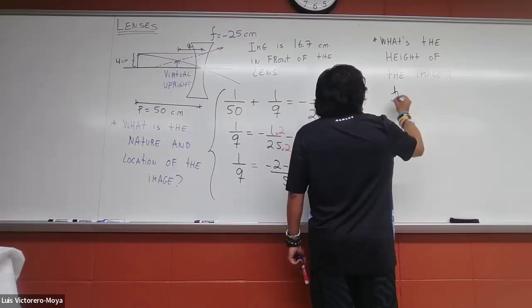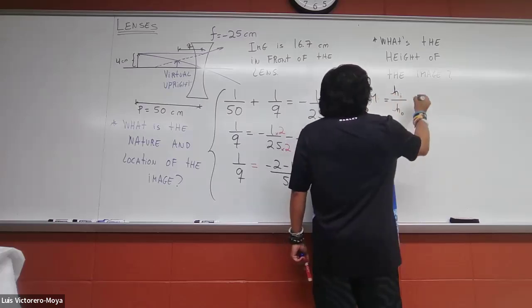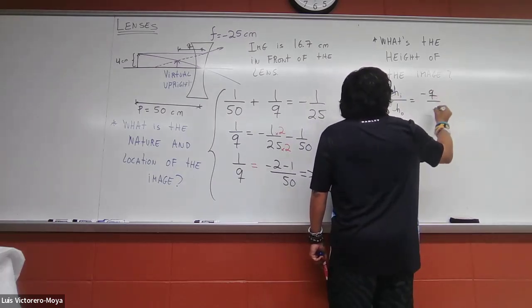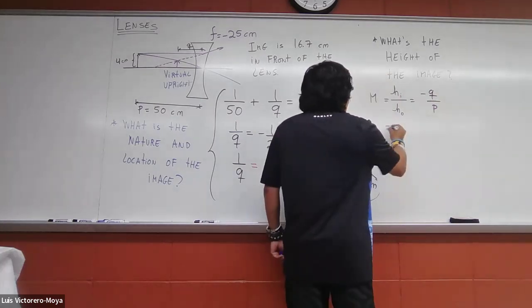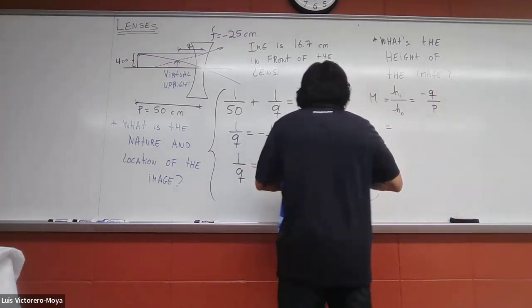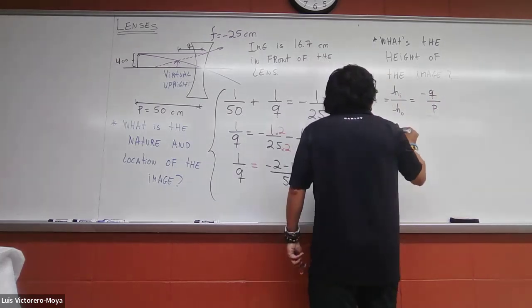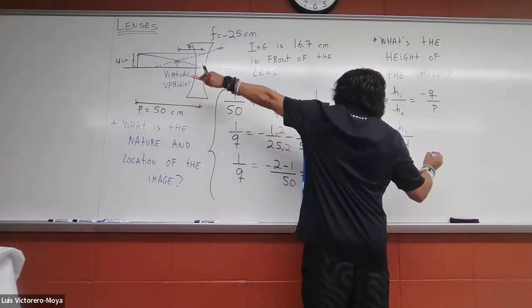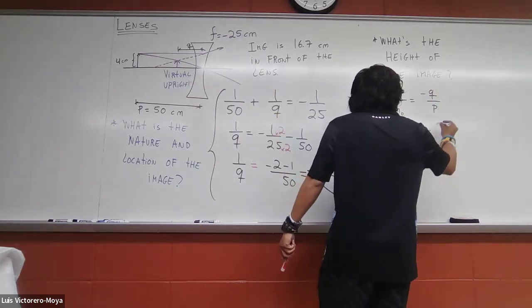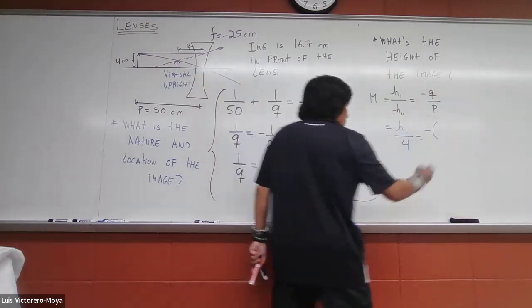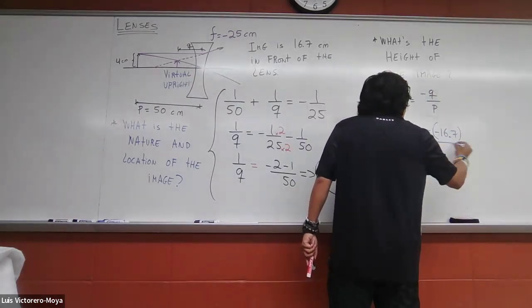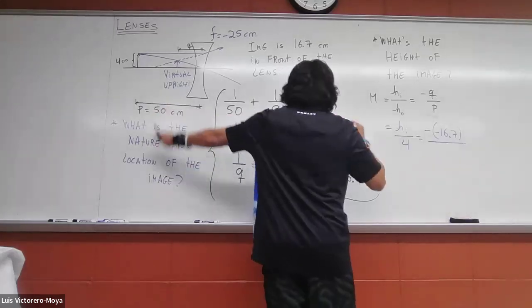Height of the image over height of the object, that's the magnification, that's equal to -Q divided by P. The height of the image, that's what you want to find. The height of the object is 4. -Q divided by P, 50.